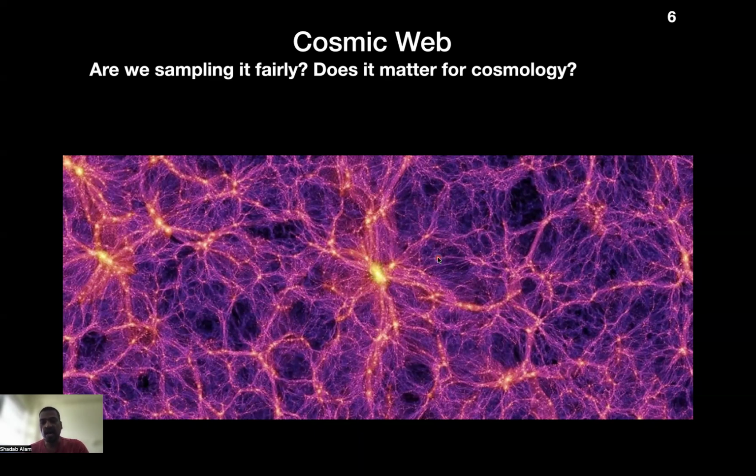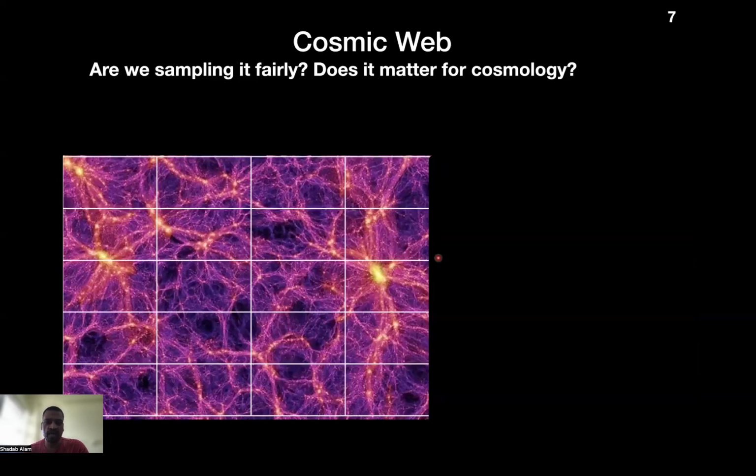And will this matter if we are trying to use these galaxies to make a statement about cosmology, so, cosmological interpretation? I want to talk about one specific way to characterize the environment, because that will be useful for a later part of the talk, before I say why it is important.